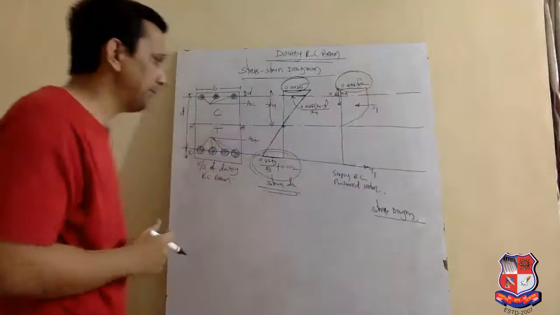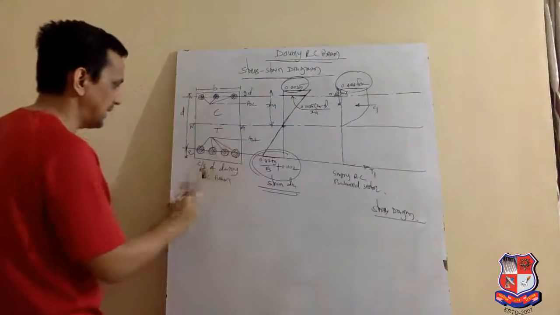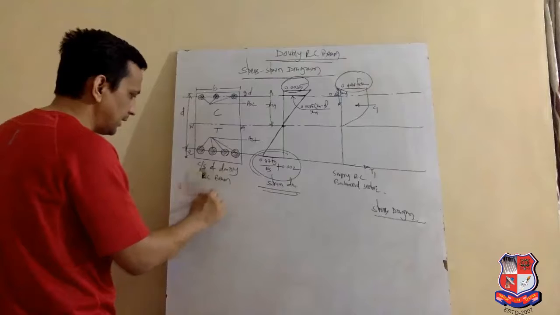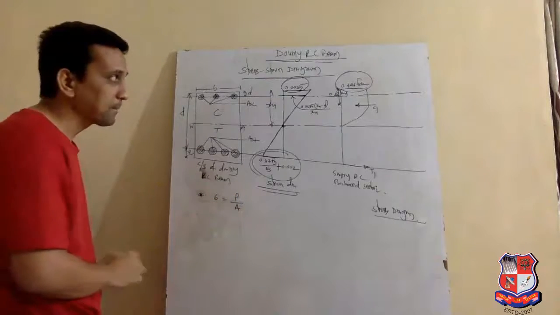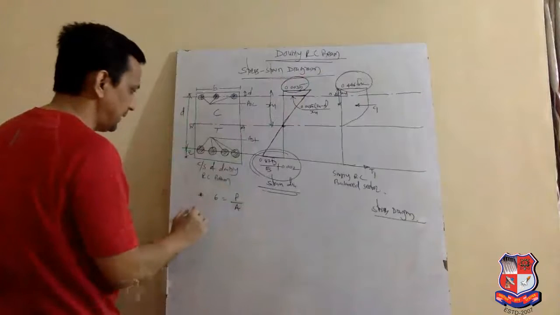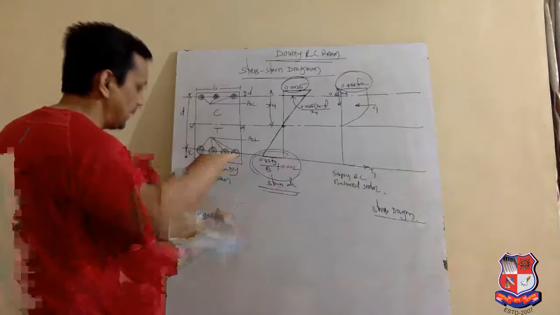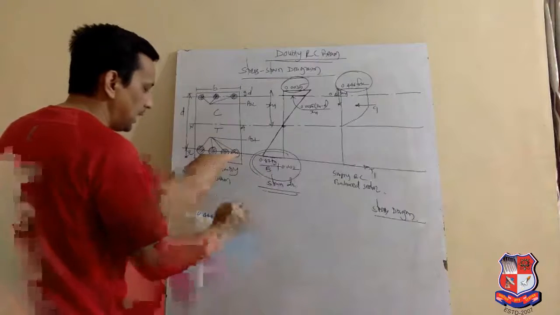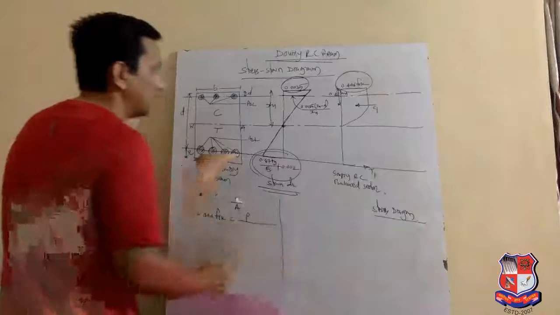So let me simplify this in the form of deformation so that we can get a clear idea. We know that stress sigma is equal to P upon A. Now maximum stress is 0.446 fck, and our interest is P, and the area.